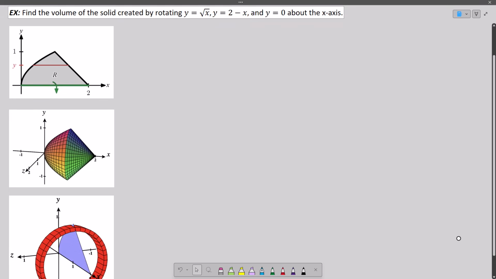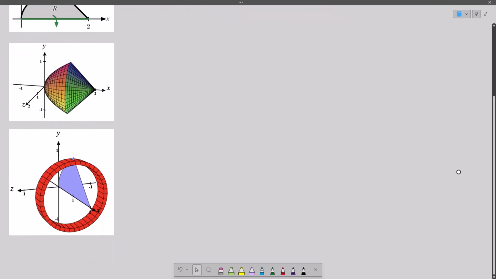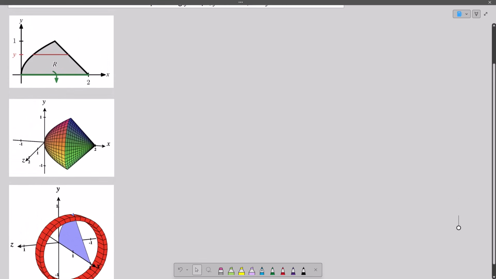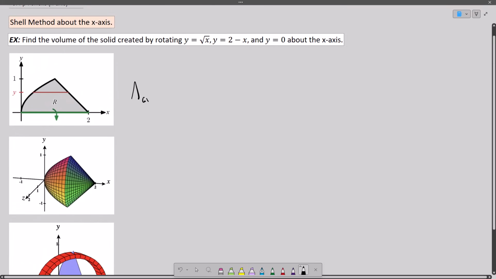And if you rotate that horizontal rectangle, you can kind of see the cylinder that you're going to get, that's going to be created. So that is parallel to the axis of rotation, so it creates a cylinder. We know that the area of a cylinder is 2 pi RH.